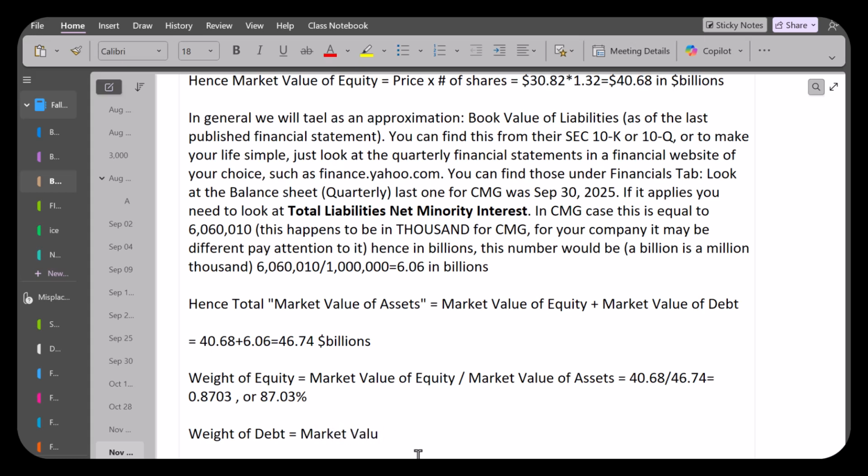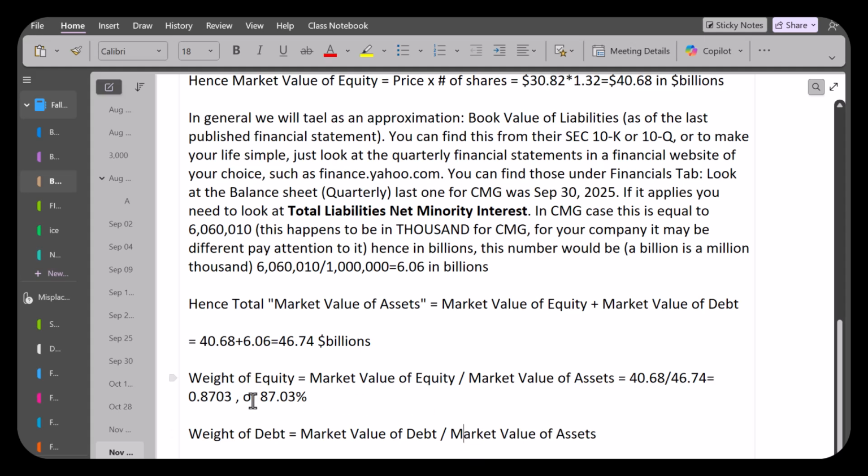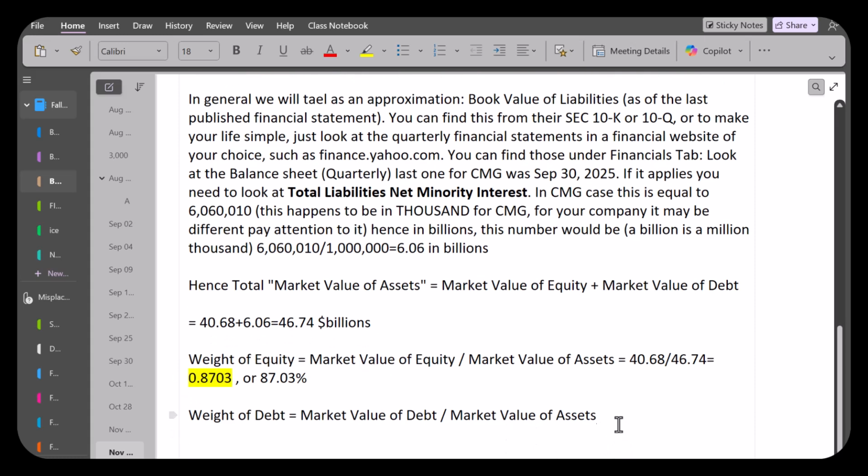I'm going to give you guys the PDF of this so if you're missing anything, you can look at it. Highlight this. 6.06 divided by 4674.